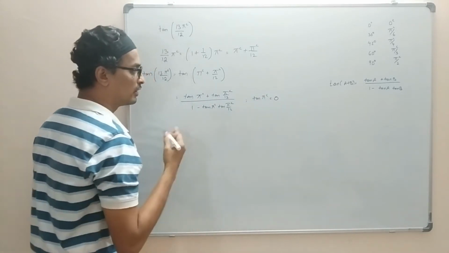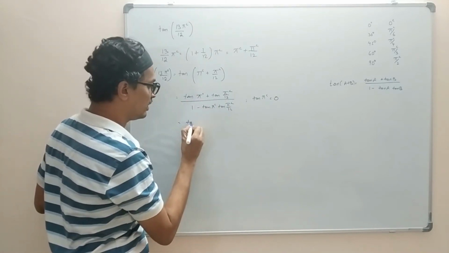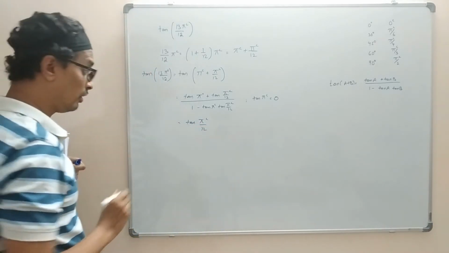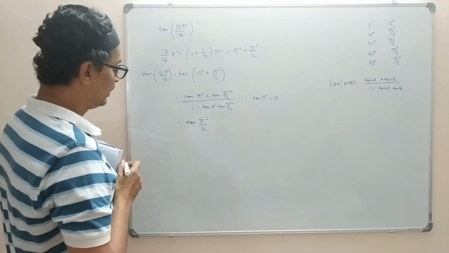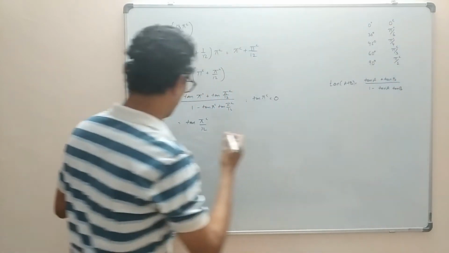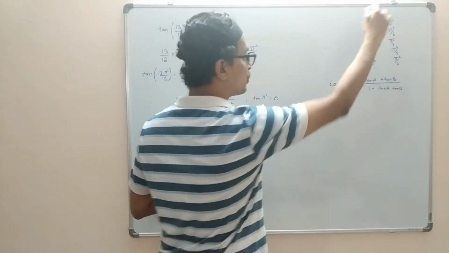Correct? So this becomes tan pi by 12. That is not the answer, you still have to work it out. Now, can I write this pi by 12 as a combination of known angles?